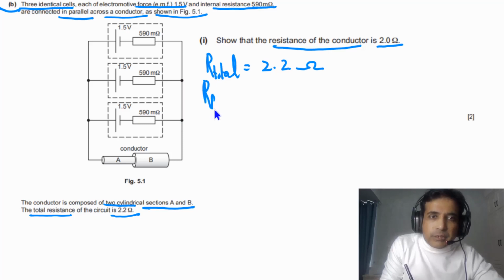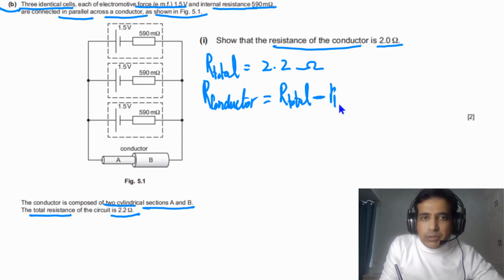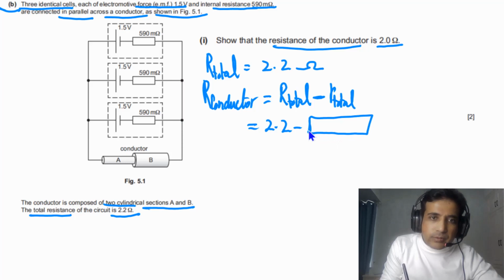The resistance of the conductor, R conductor, will be equal to R total minus total internal resistance, small r total. Total resistance of the circuit is 2.2, and if we have the value of total internal resistance, we can calculate the resistance of the conductor.